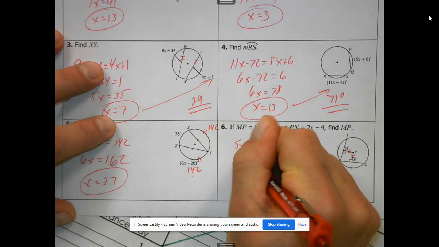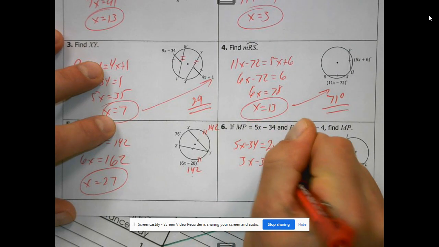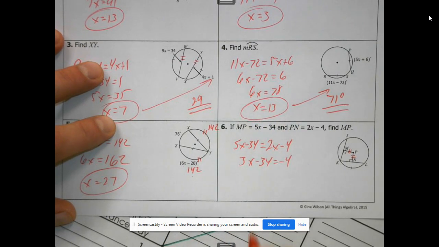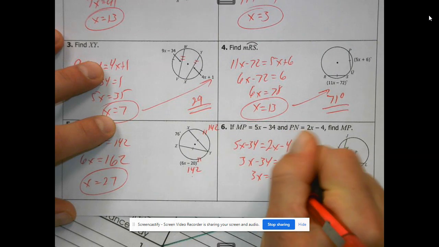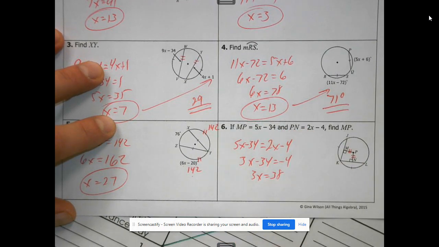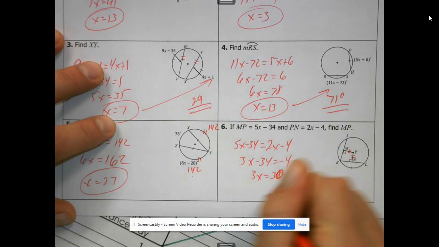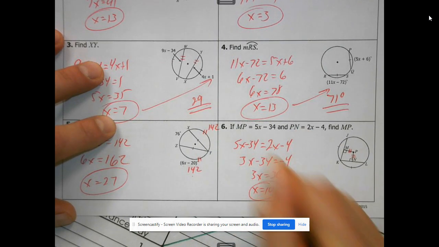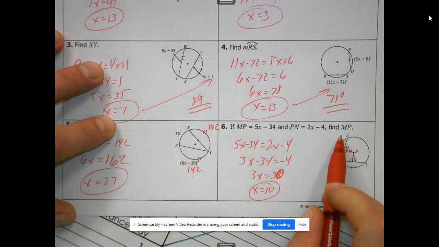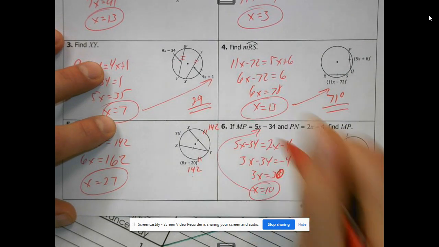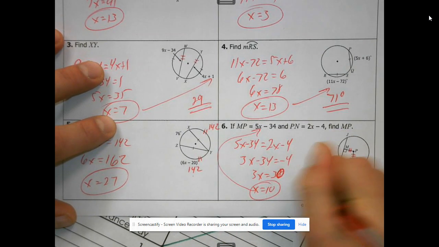Subtract the 2x over. Add 34. Sorry, that gives me 30, not 38. Divide by 3. X is 10, but I got to plug it back into MP right there. That gives me 16.